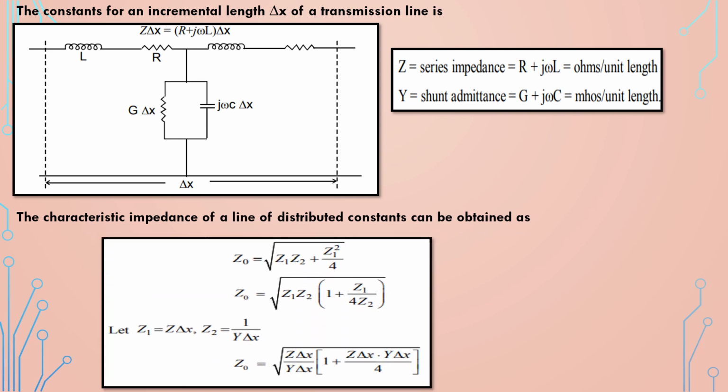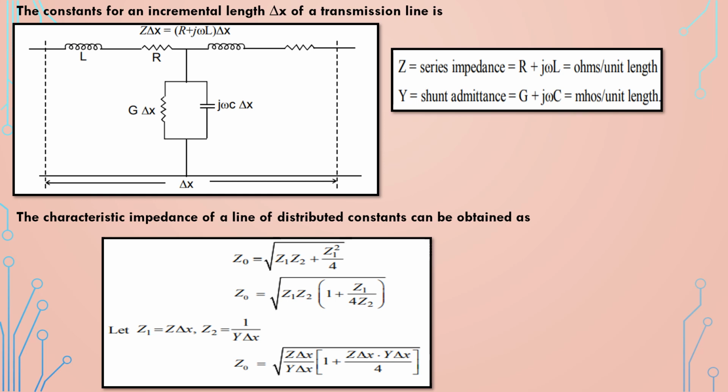Now we are going to derive the characteristic impedance of a section of a transmission line. For this, I start with the characteristic impedance of a T section. What we had: Z0 is equal to square root of Z1 Z2 plus Z1 square by 4. Now I take Z1 Z2 common, and I have 1 plus Z1 by 4 Z2.